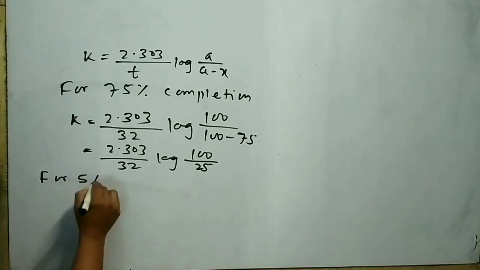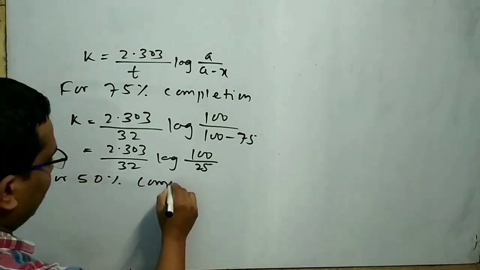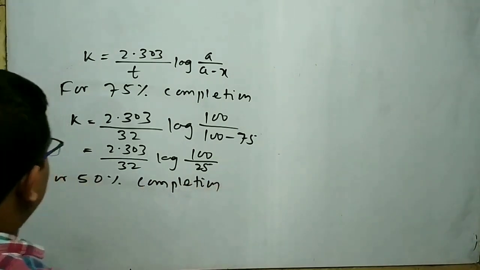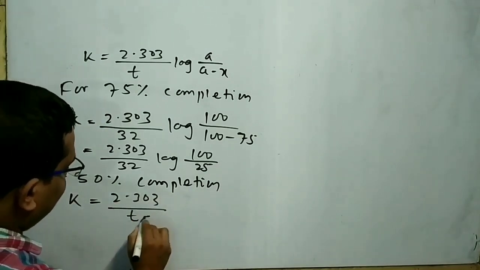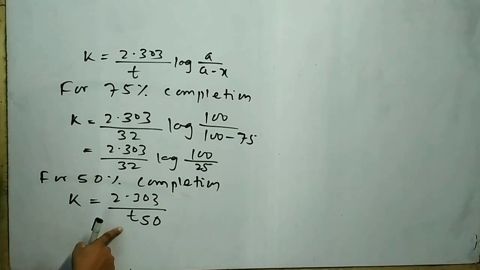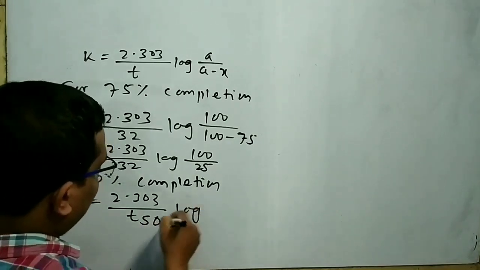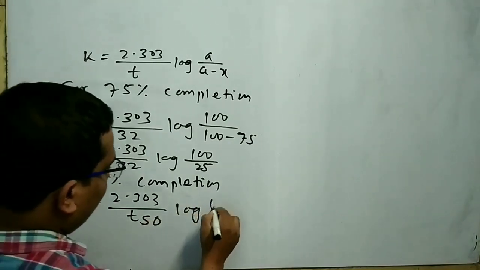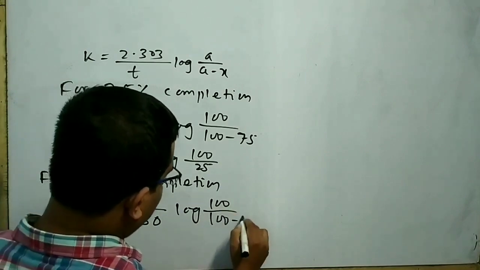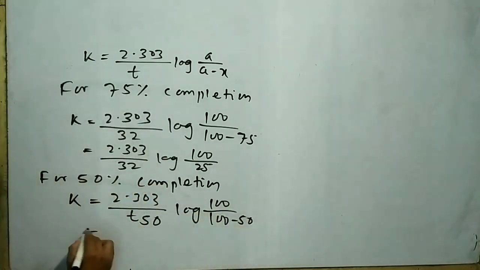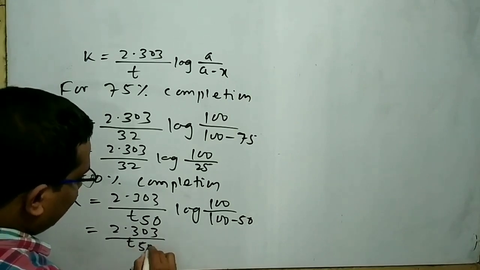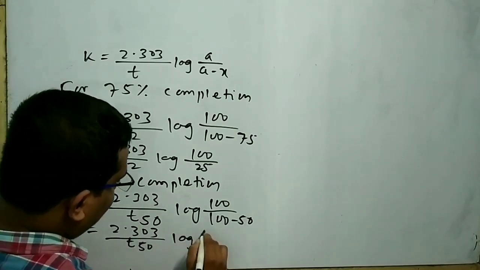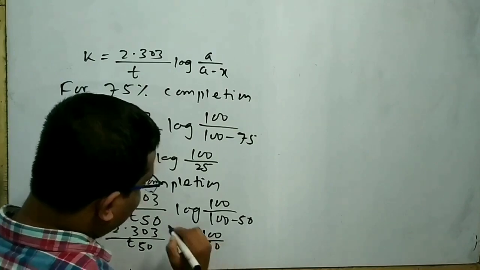Similarly, for 50% completion, we can write K is equal to 2.303 divided by T50. Our aim is to find out the T50. Then we can write log 100 by 100 minus 50. Finally, you can find 2.303 divided by T50 into log of 100 by 50.